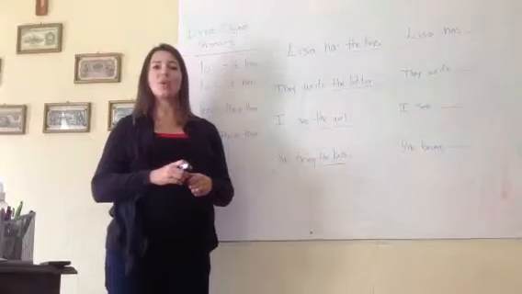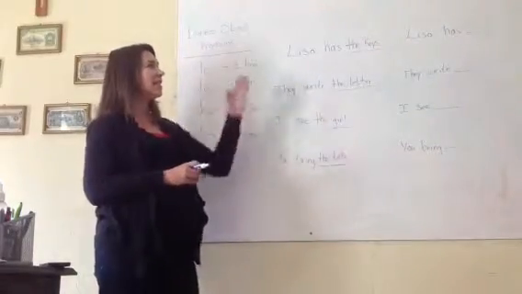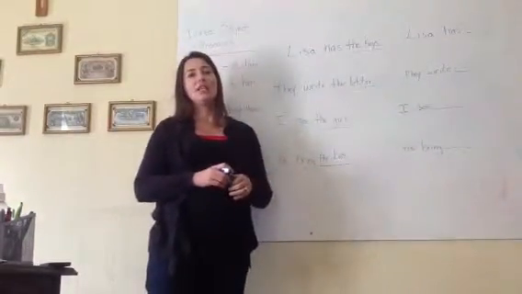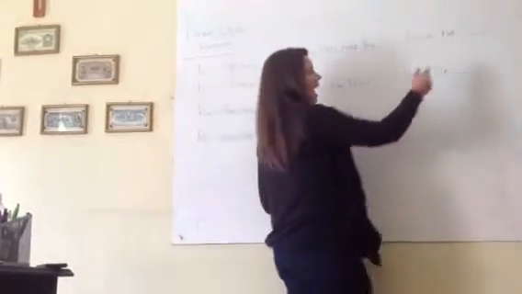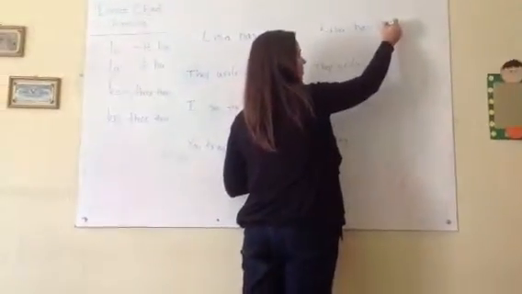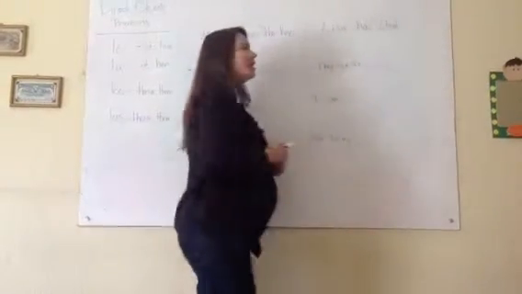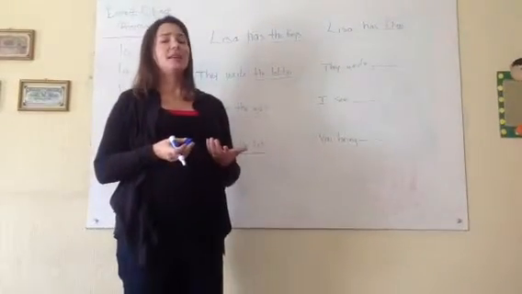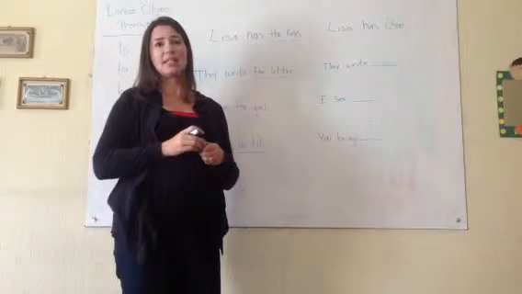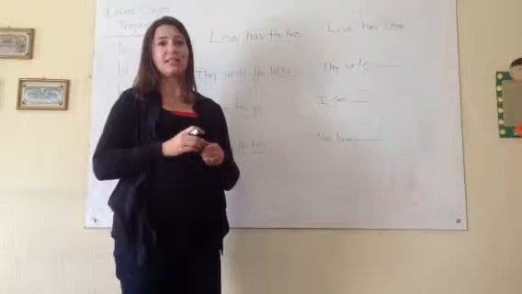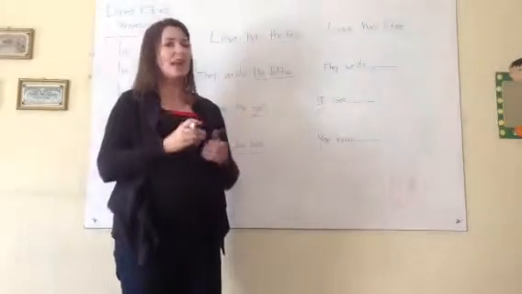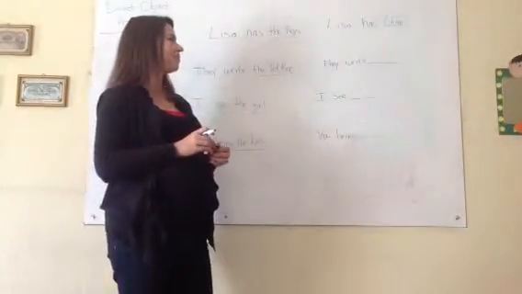In English, if we wanted to rewrite the sentence, Lisa has the keys, using a direct object pronoun, we would say, Lisa has them. This is not the same them as if it were the subject of the sentence. It is the direct object pronoun them.